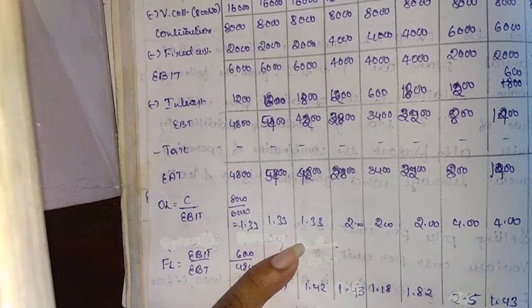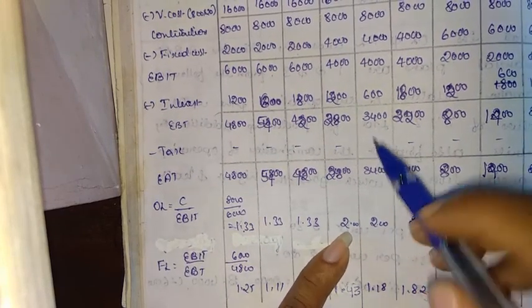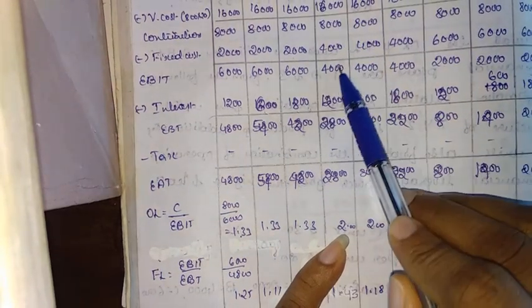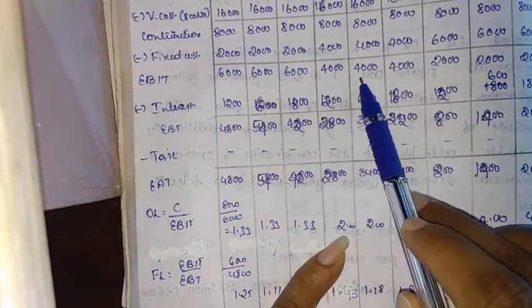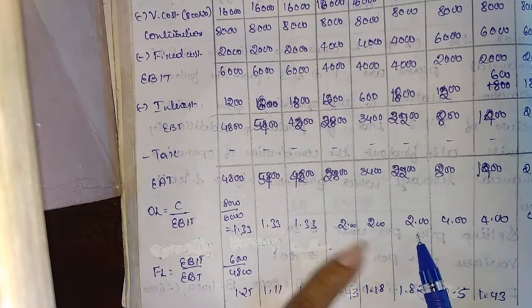For situation B, operating leverage is 8,000 divided by 4,000, which is 2 times for each plan.